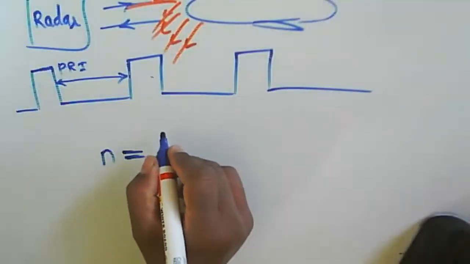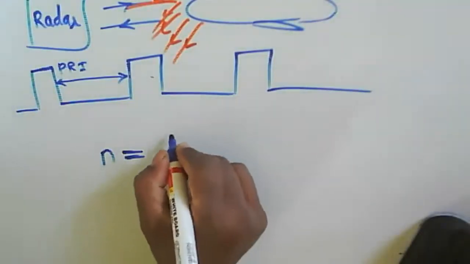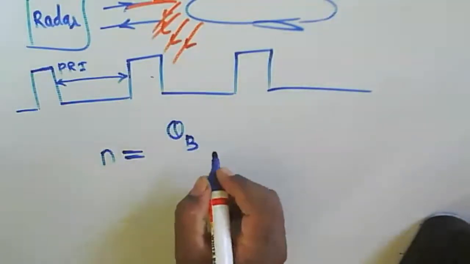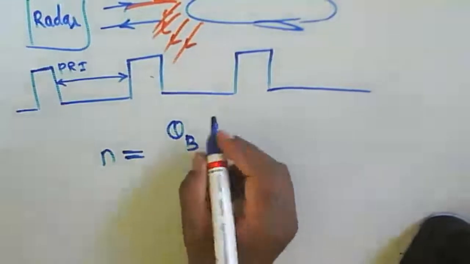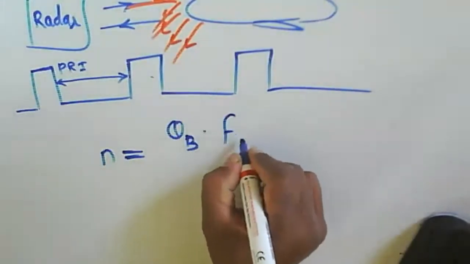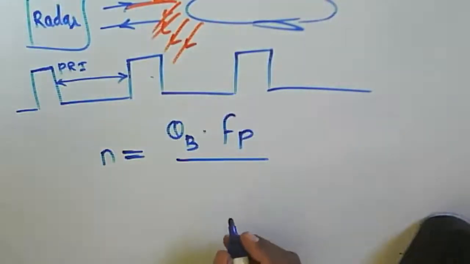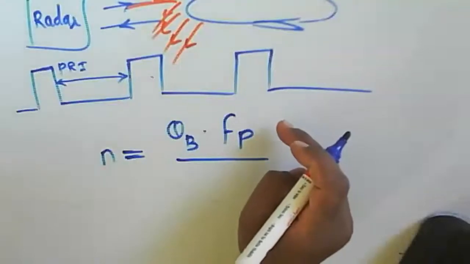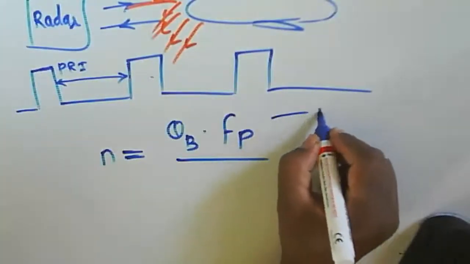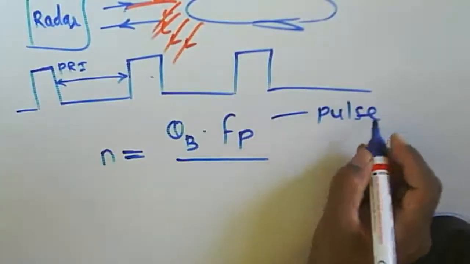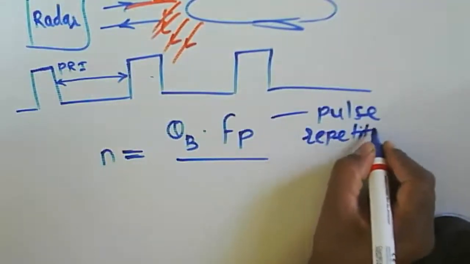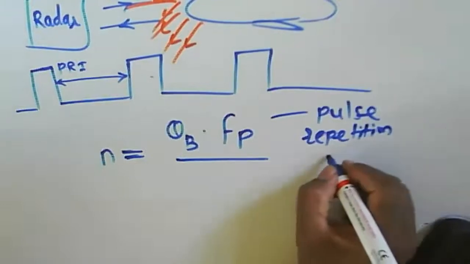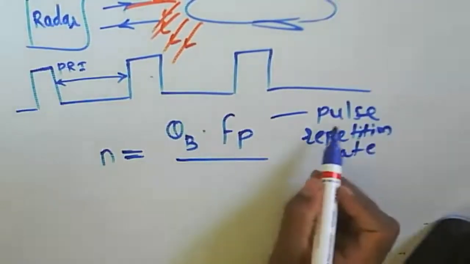Now we can consider that here we have theta b, which is the antenna beam width, and fp, which is the pulse repetition rate.